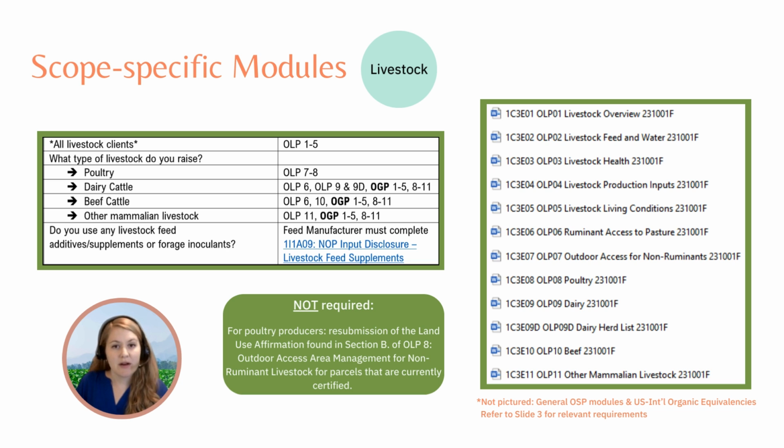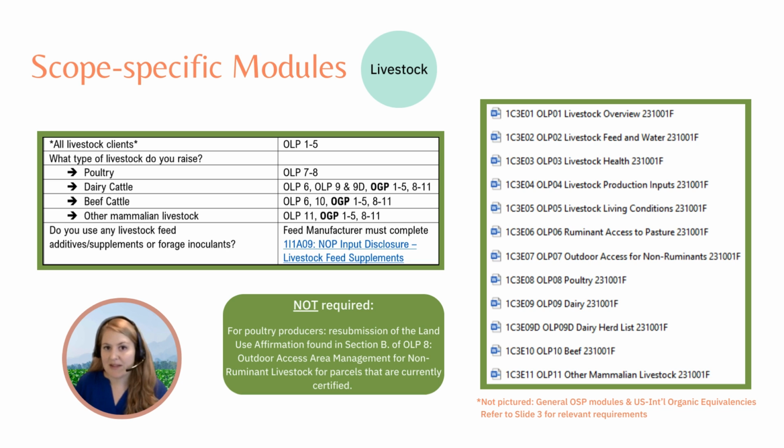What's not required for livestock and poultry producers is the resubmission of the land use affirmation for parcels that are currently certified. So all that information is there. Again, what's not pictured are the general OSP sections that are also required for every operation and the U.S. International Organic Equivalencies.